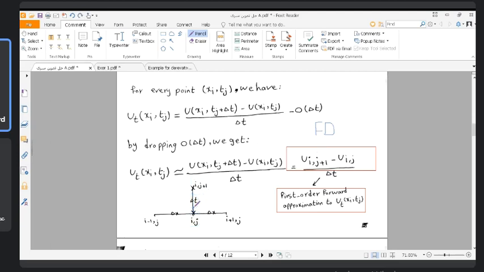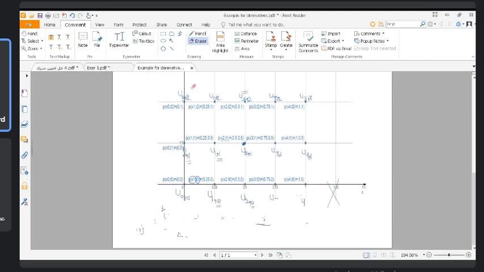This is a simple way to understand this formula: u_{i,j+1} minus u_{ij} over delta t. This is the diagram for this formula. And so you compute.